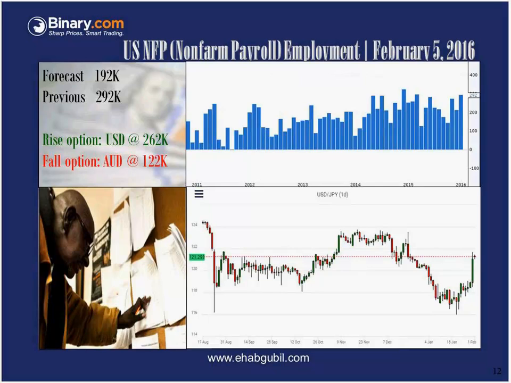It's expected to be around 192,000, and with the Fed already regretting hiking rates last December, a sudden drop in the employment should cause further crack within the FOMC. They will regret hiking the rate more. The opposite is also true, so we should see strong demand for the dollar if we get a good number.